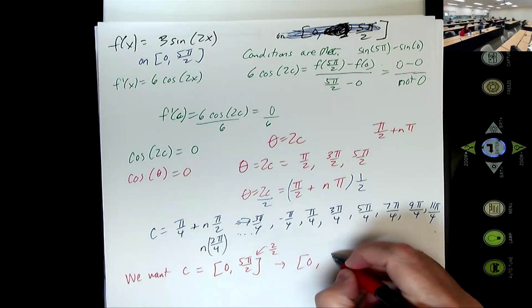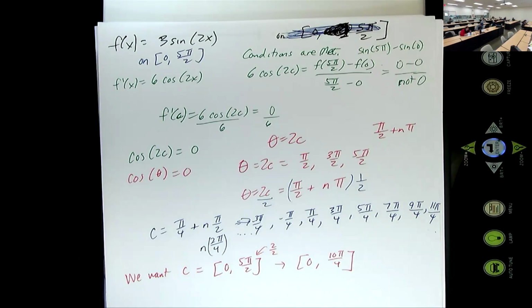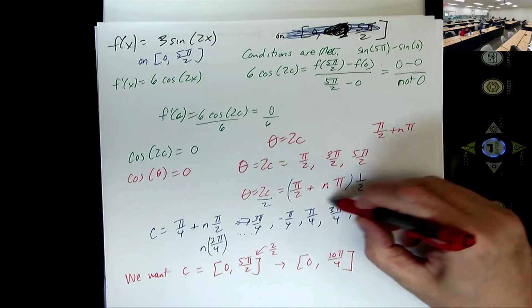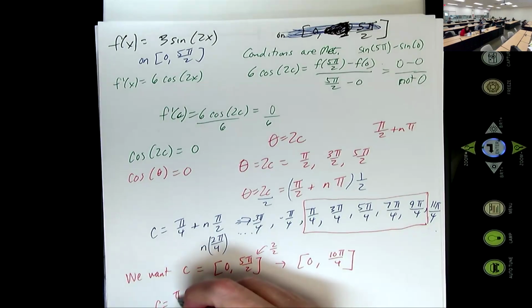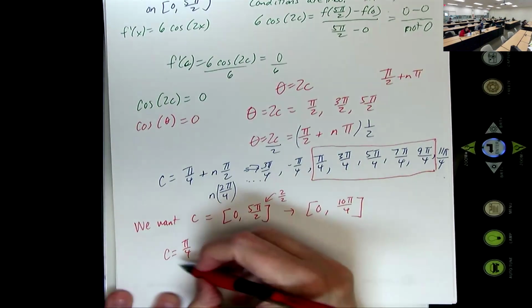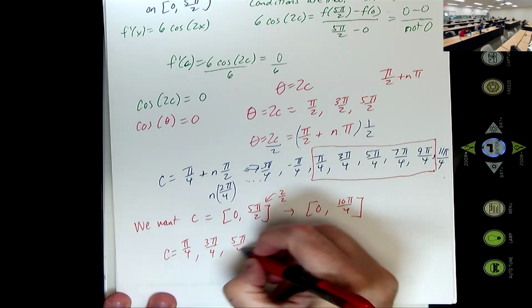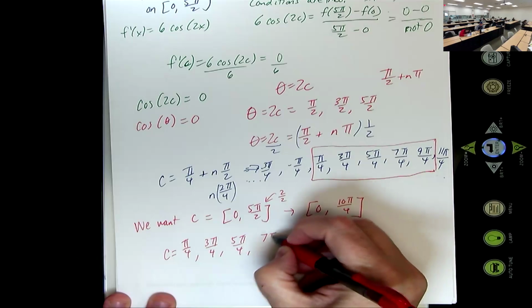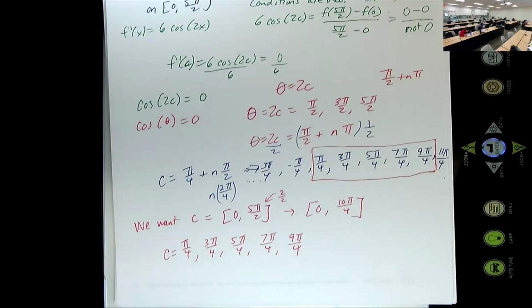I want 0 to 10 pi over 4, which looks like we're looking for these answers right here: c equals pi over 4, 3 pi over 4, 5 pi over 4, 7 pi over 4, and 9 pi over 4. All the other values are excluded because they're outside the range we're looking at.